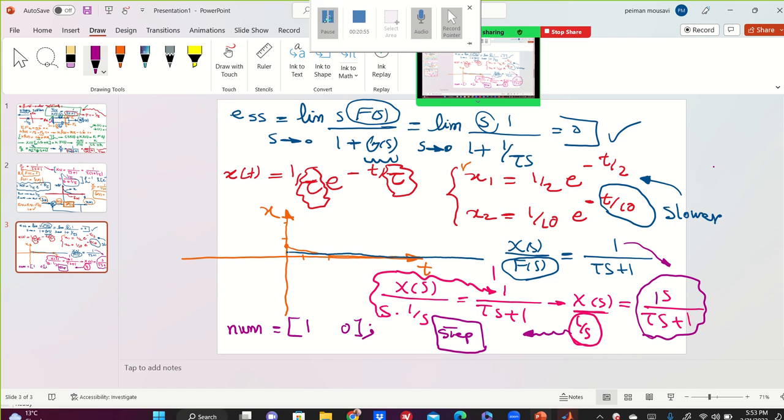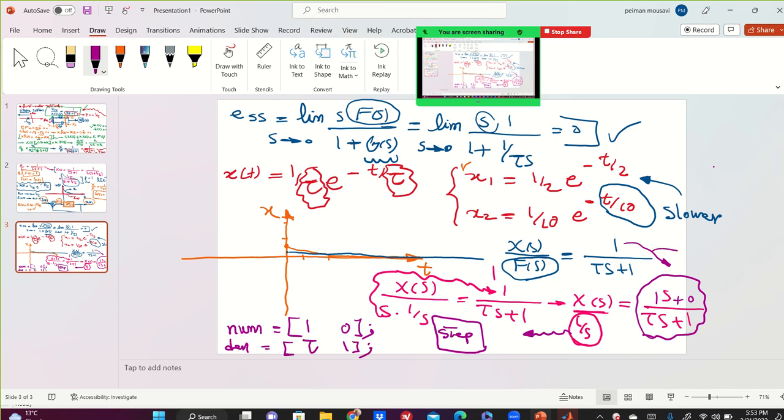That's right, 1 is the coefficient of s plus 0. And the denominator is going to be tau and 1. But the original numerator was different. The original one was 0 and 1. See the difference between them, this and this.